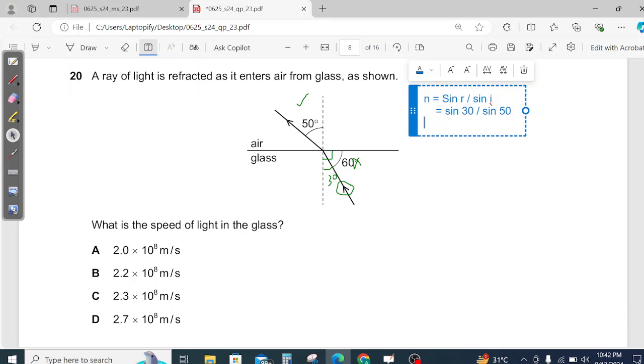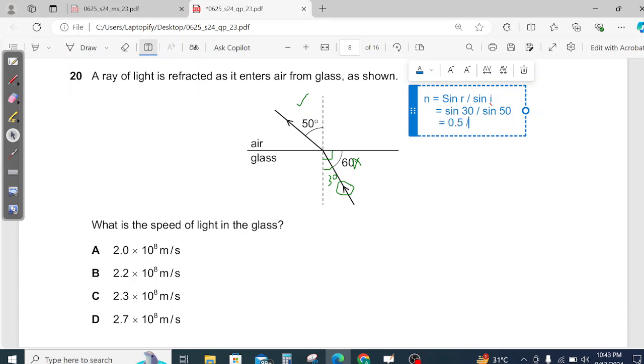Sine of 30 divided by sine of 50. The answer is: sine of 30 is 0.5. I will solve it completely.